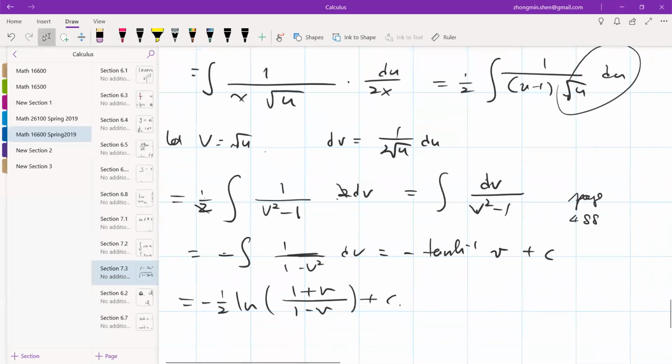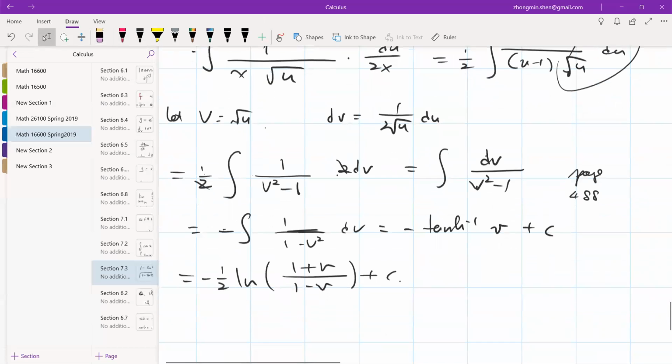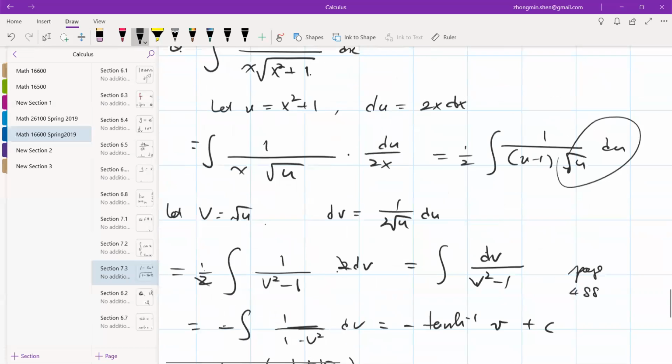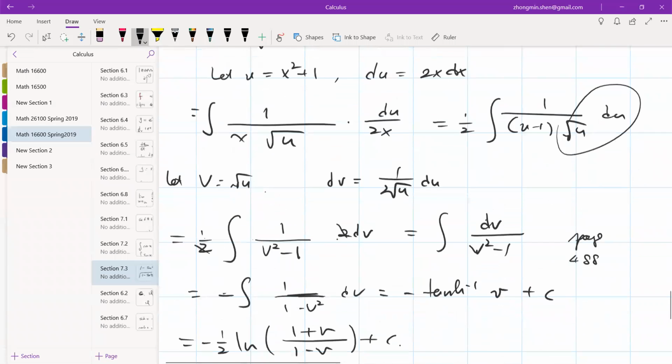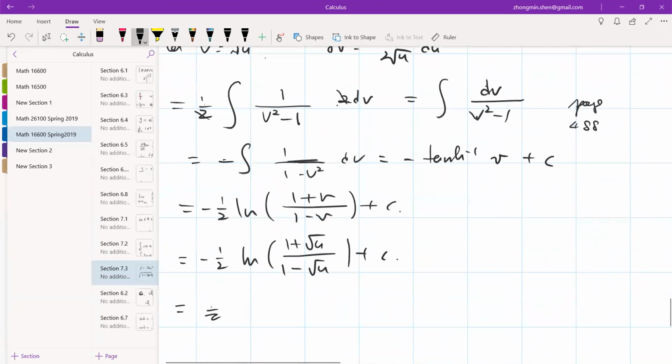So we already evaluated the integral, right? Now I have to change it back to v, which is the square root of u, and u is x squared plus 1. Good. Be careful about the sign, though.